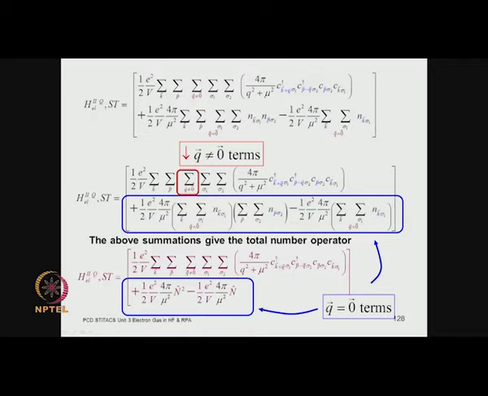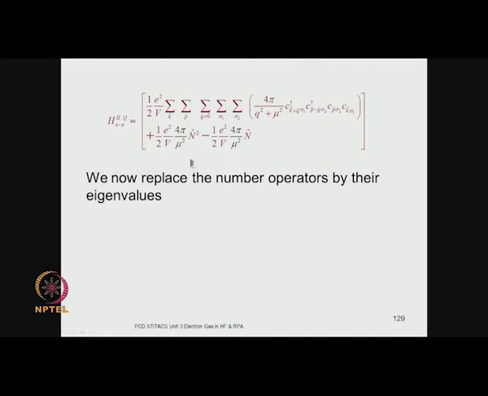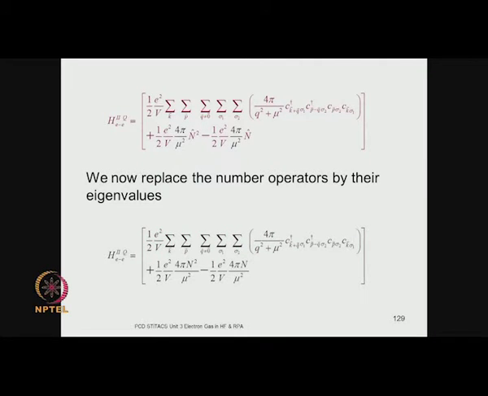So, let us take this result to the top of the next slide, and you have N square over here and N over here. Whenever you are dealing with occupation number space vectors, the number operator will be diagonal in it, and therefore, whatever quantum algebra you do, you will be able to replace the number operators by their eigenvalues. The eigenvalue of the total number operator is nothing but the total number of electrons. So, this N operator square is replaced by N square.